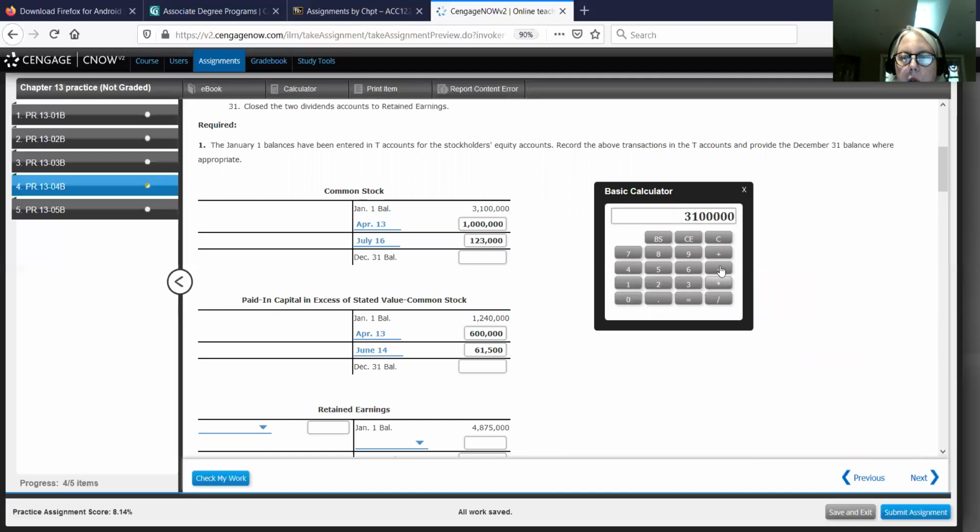We're going to add to it the $1 million, and we're going to add to that $123,000. All of these were credits to this account. So the balance of this account is $4,223,000.